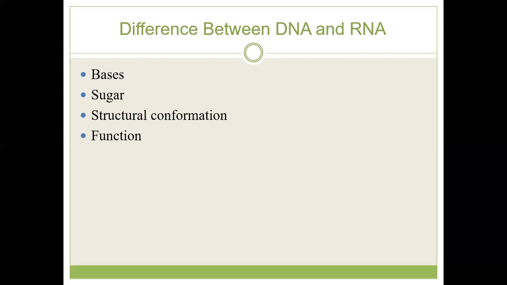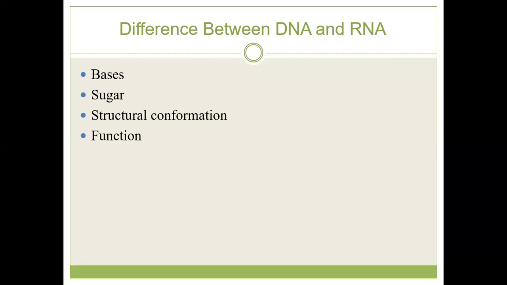The 4th one, for example, in DNA we have thymine, while RNA does not have thymine. RNA has uracil, while DNA does not have uracil. So this is a difference based on the nitrogenous base.